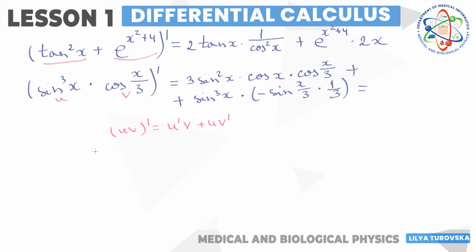So we can rewrite a bit to get the final answer. The first term is the same. Here we have plus and minus, so positive sine squared x by the negative term, we get minus sine cubed x times sine of x over 3, and 1 over 3 here. Here we have the final answer.